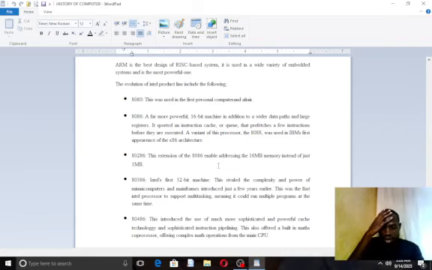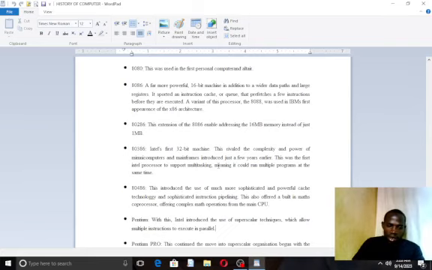Then the other one is the 80386, which was Intel's first 32-bit machine, and this revealed the complexity and power of minicomputers and mainframes introduced just a few years earlier. This was the first Intel processor to support multitasking, meaning it could run multiple programs at the same time.